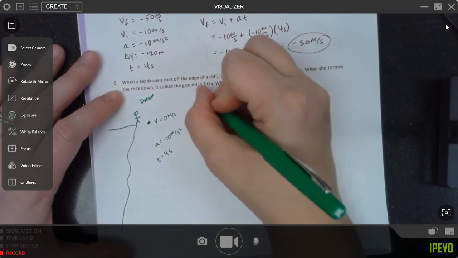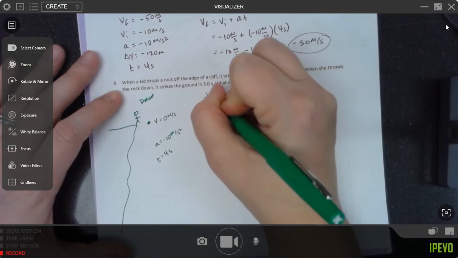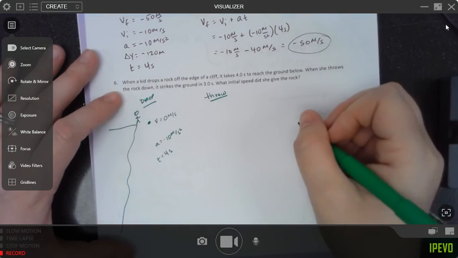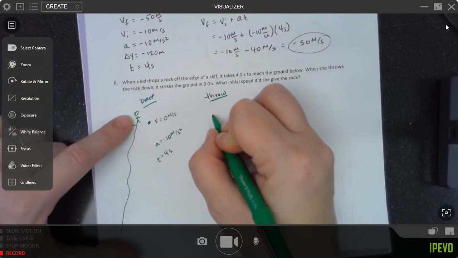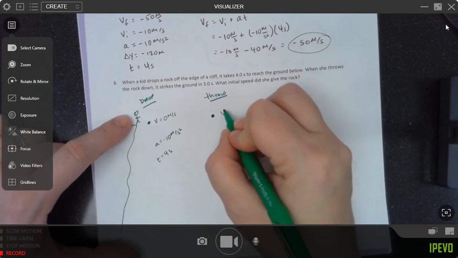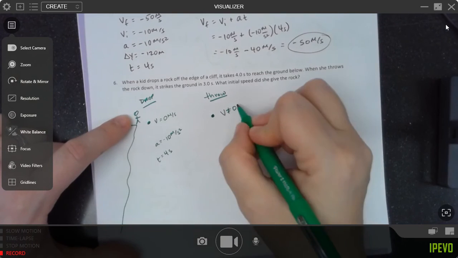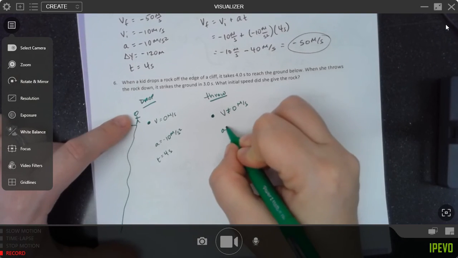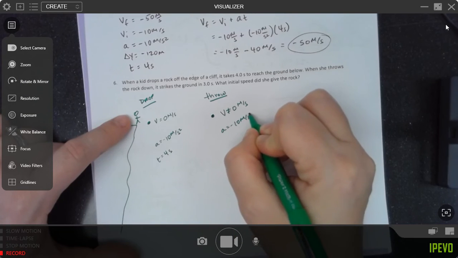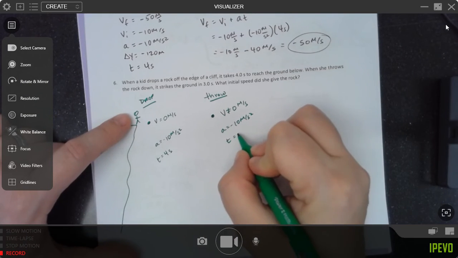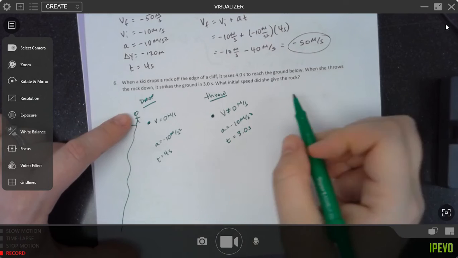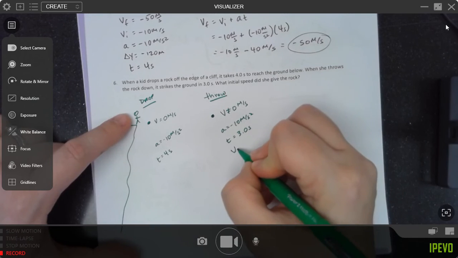If our kid throws the rock, we know that it has some velocity that's not equal to 0. We still know that the acceleration is minus 10 meters per second squared. We're told here that the time is 3 seconds. And then we're asked for our initial speed.